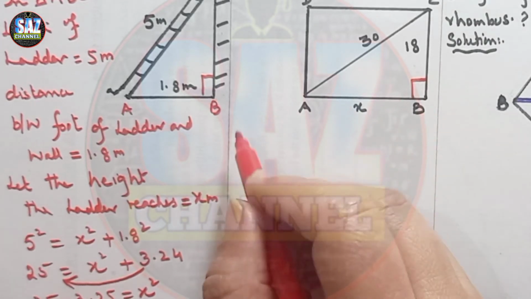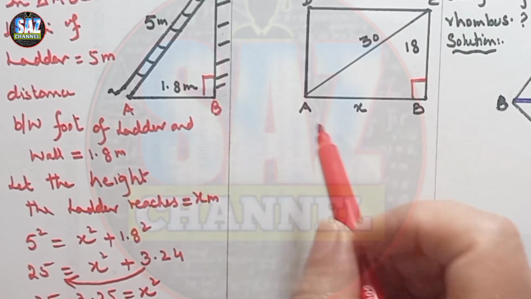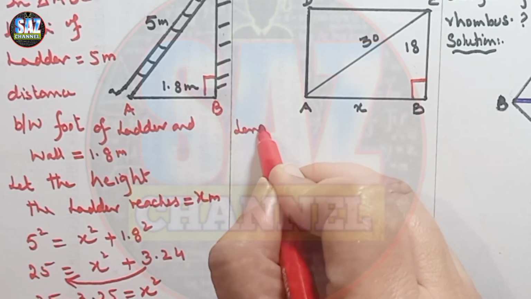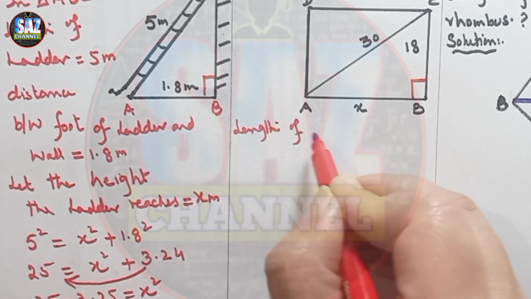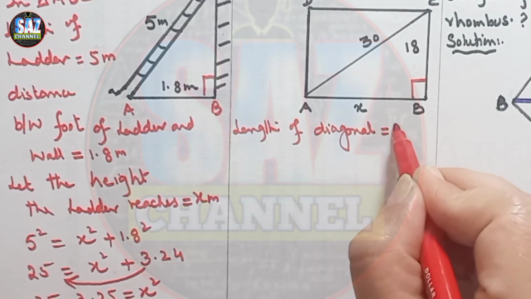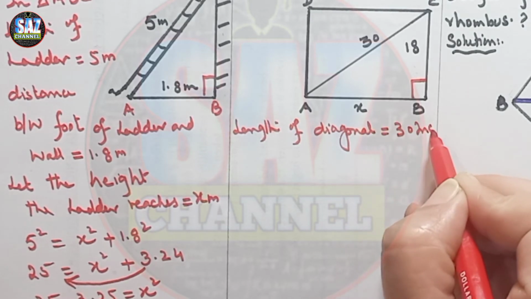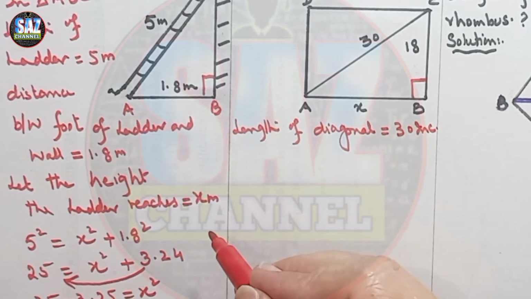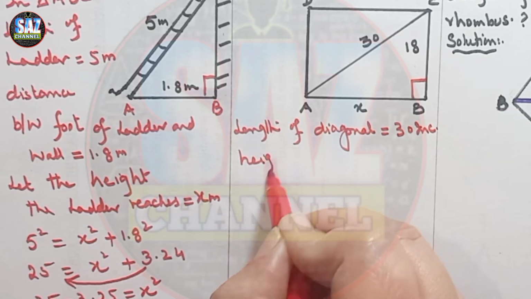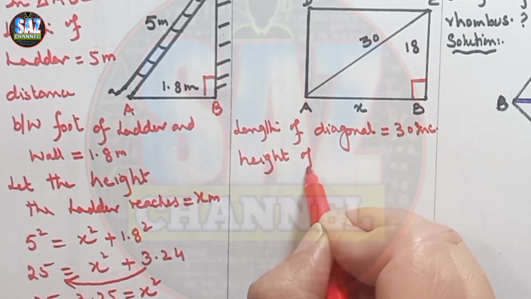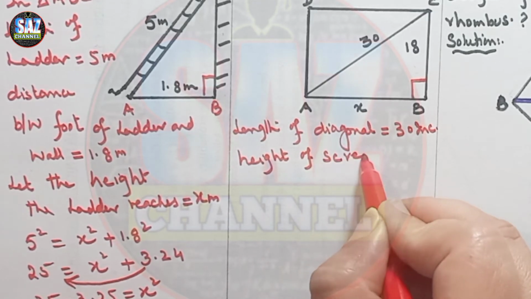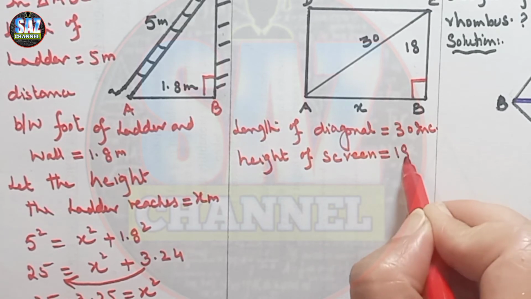So let's move to the solution of the question, and we have to support our working with small statements. Length of diagonal is equal to 30 inches. And what is 18? It's important. The height of the screen is equal to 18 inches.